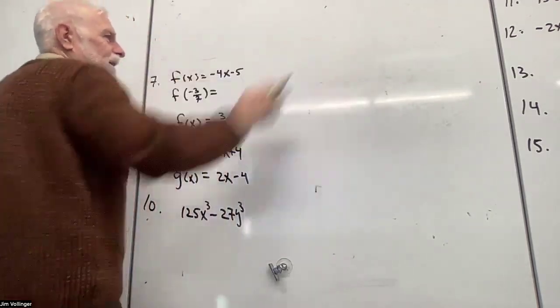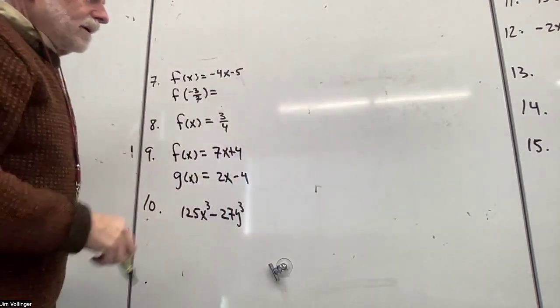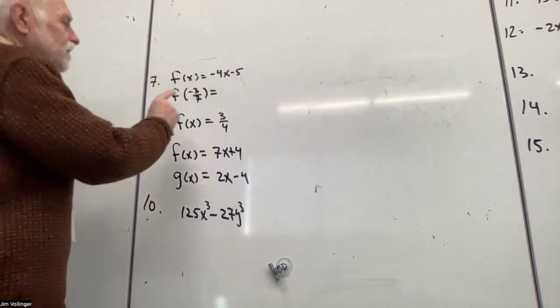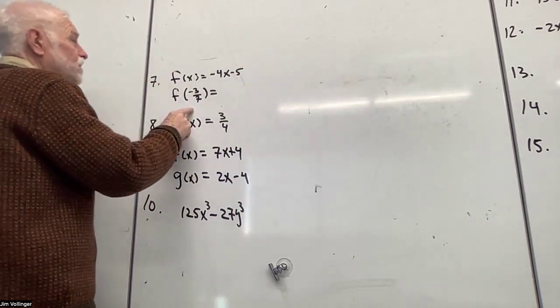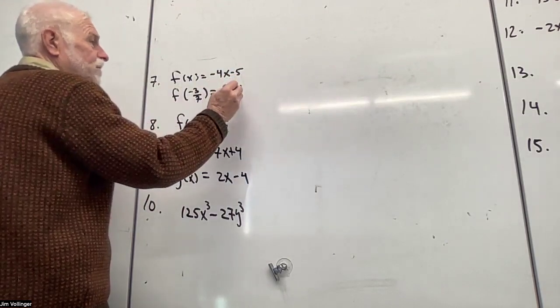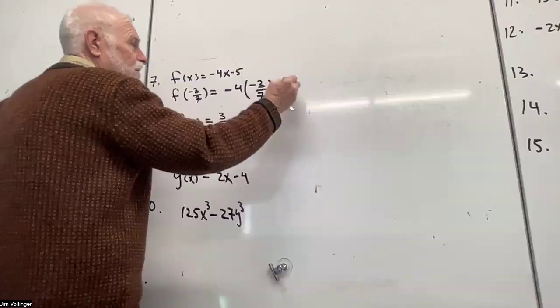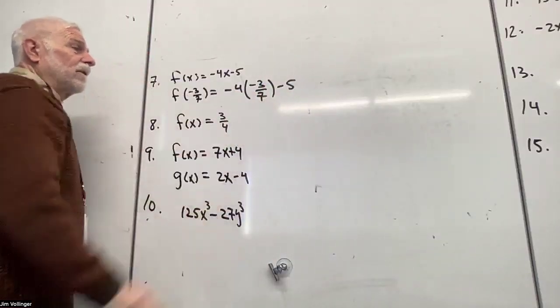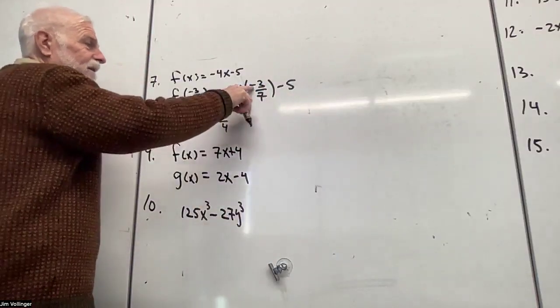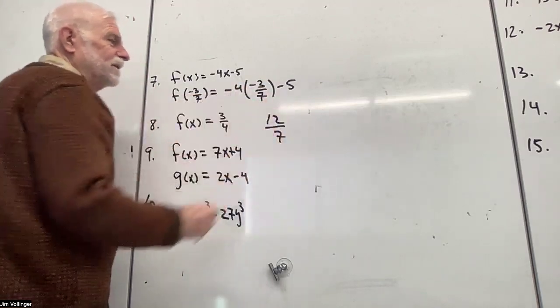No, I should have been putting the answers over on the side for people to, I'll do that as we go along here. So this is another one. This question was just to teach functional notation. So a lot of folks didn't know that this is what it meant. And now you do. That's good. That's learning. Now, can we do the calculation? A minus times a minus is a plus. I got 4 3s, 12, and I'm going to divide by 7.